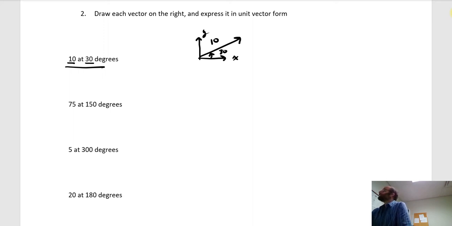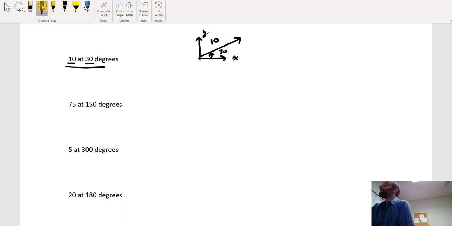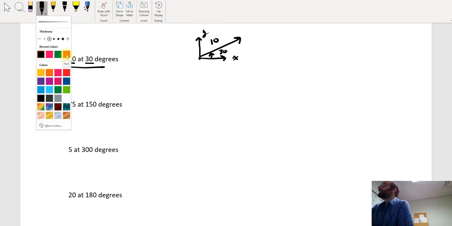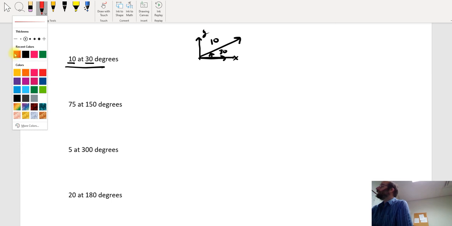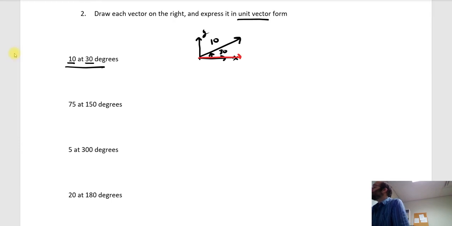Now, express it in unit vector form. So if you were to draw that vector's components, and I'll do this in red, the x component is here, y component here, and I'm just going to temporarily give those names. If I call this vector A, I would call this guy AX and AY. Now, this is adjacent to the 30 degrees, so it can be found with the cosine function.